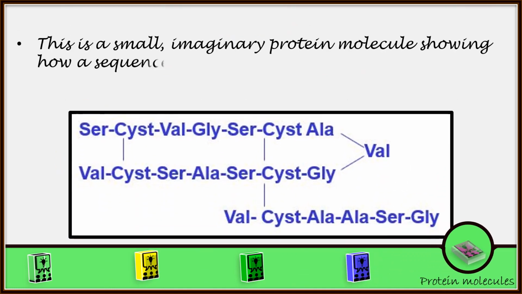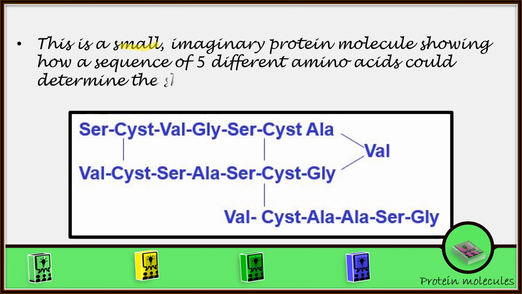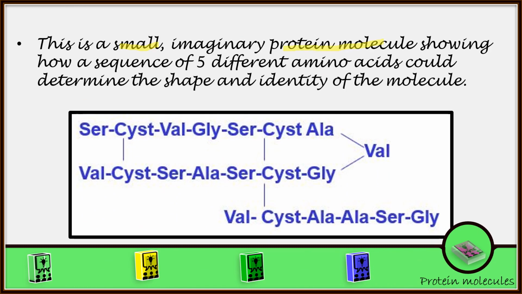This is a small imaginary protein molecule showing how the sequence of 5 different amino acids could determine the shape and the identity of a molecule. Here we have 5 different amino acids: serine, cysteine, valine, glycine, and alanine.